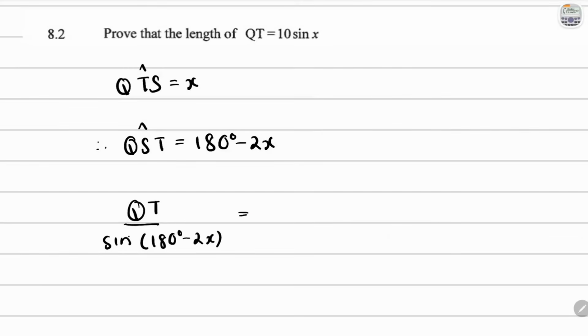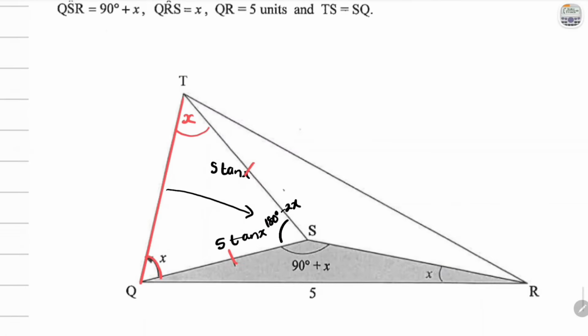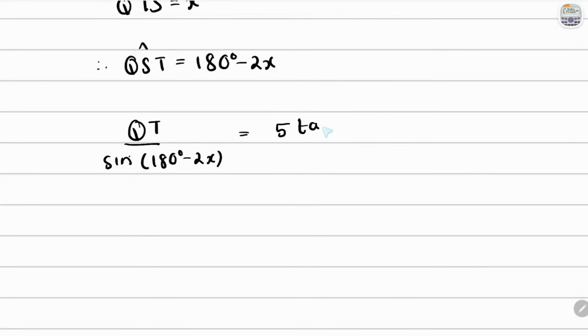And this will be equal to, we'll take another pair that is complete. Both are complete really because they both have 5 tan x, so you can just pick one. We can just go ahead and take this. So we'll take 5 tan x as the side opposite sine x as the angle. Okay, so that's 5 tan x over sine x.